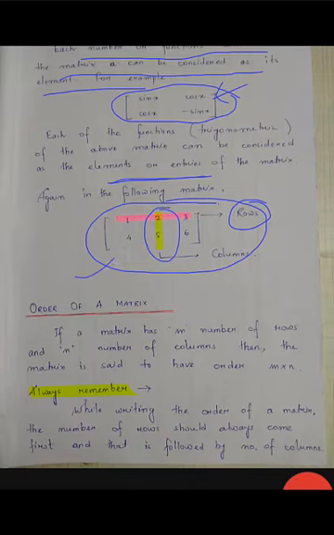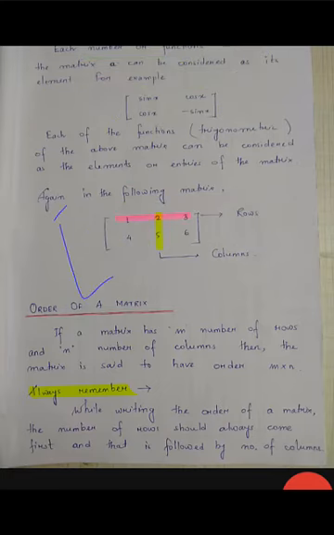So in this matrix there are two rows, first row, then second row, and these three are columns, 3 columns. So we are having 2 rows and 3 columns in this matrix.